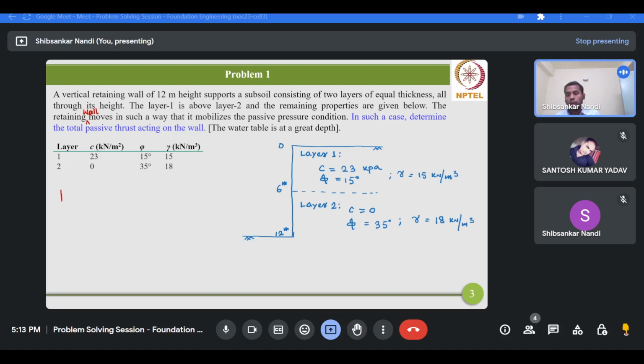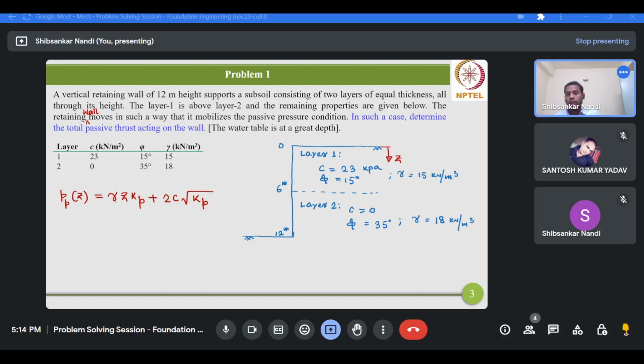I measure z from the top of the backfill, so this is the datum for z. So pp at depth z will be gamma z Kp plus 2c root Kp. I think you know how this equation came.